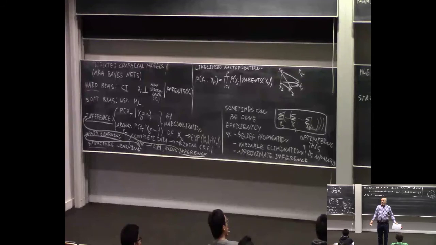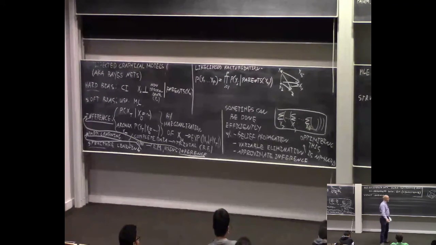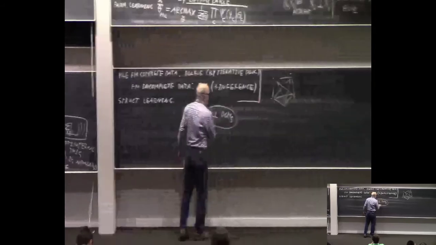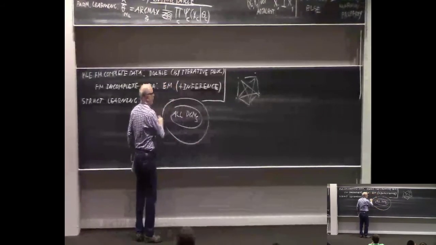The more interesting question to ask is, can any set of conditional independence assumptions be represented by a DGM? I already answered that for you last time. I said no. Can any set be represented by a UGM? The answer is again no. And now the question is, is one of them a subset of the other? Is the set of all DGMs a subset of all UGMs, or the other way around?